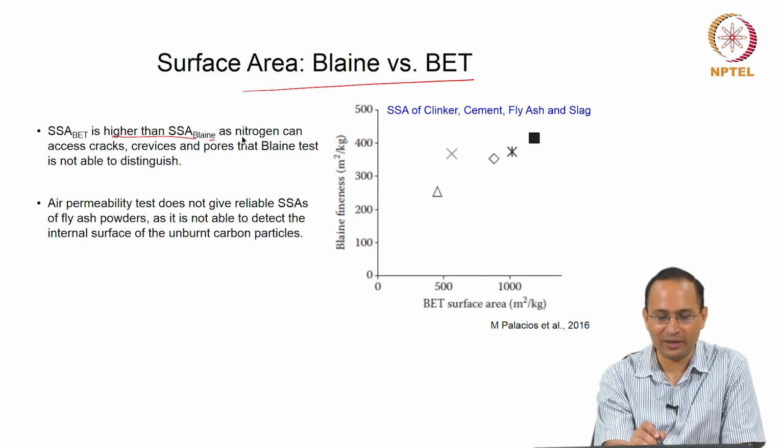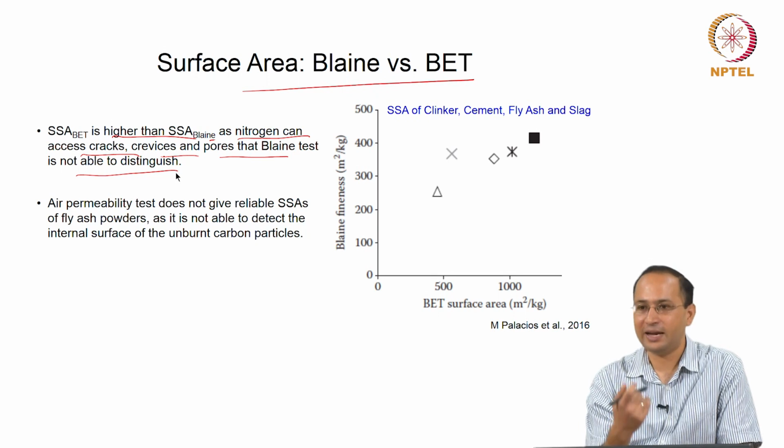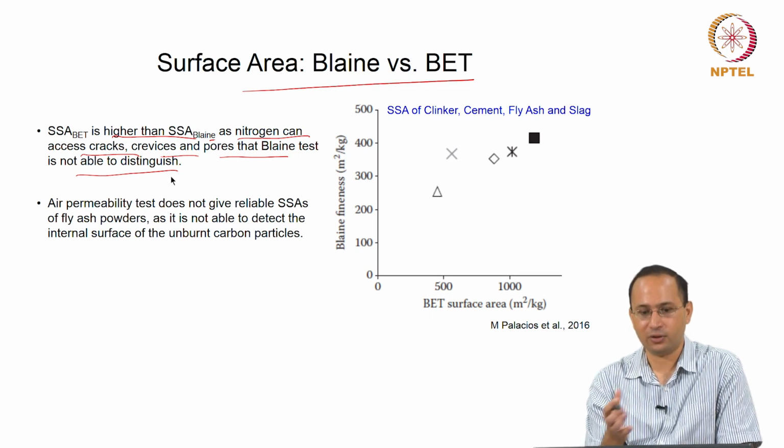We talked about it, because nitrogen can access cracks, crevices and pores that the Blaine test is not able to distinguish. So, usually the surface area values you get through BET will be higher than Blaine.